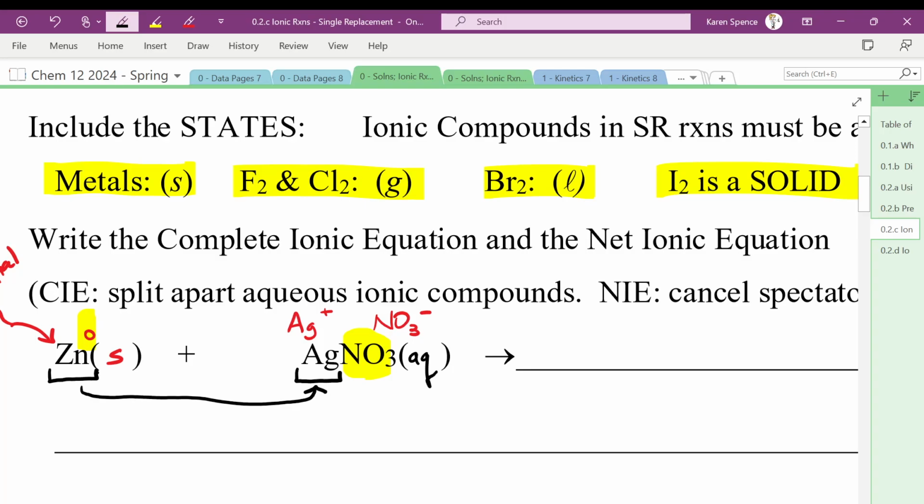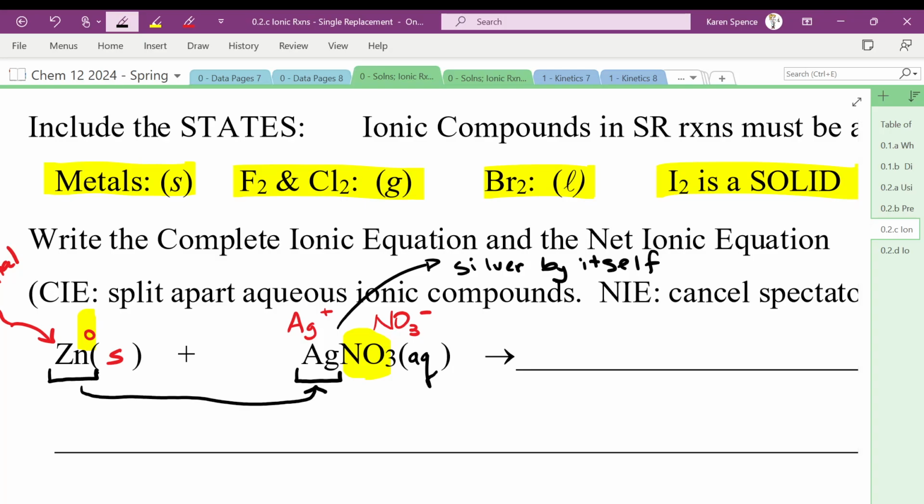Silver is now being kicked out. Silver is now by itself. Is it combined with nitrate anymore? No, it is no longer with nitrate.